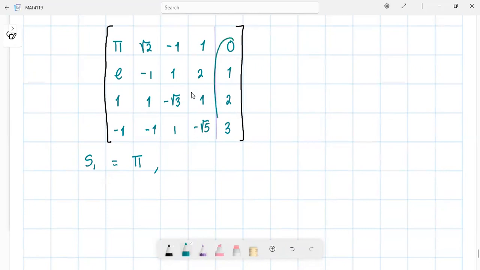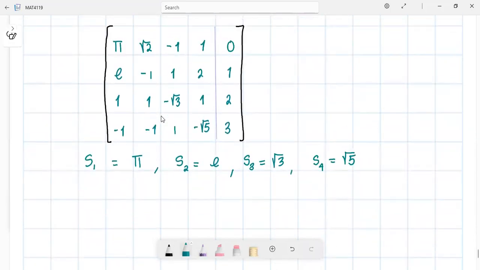Remember, don't include the constants. e is about 2 point something, so it is the maximum, and S2 equals e. In the third row, the maximum is the square root of 3, just taking the absolute value, so S3 is root 3. In the fourth row, S4 is the square root of 5. So that's the first step.